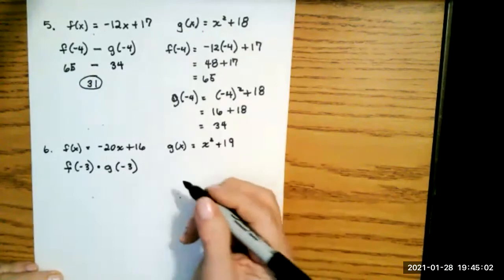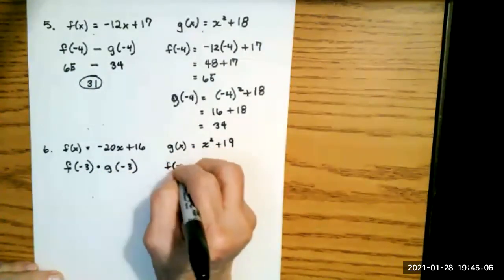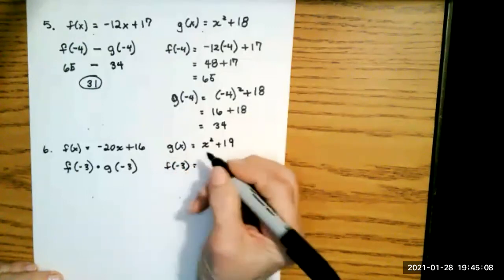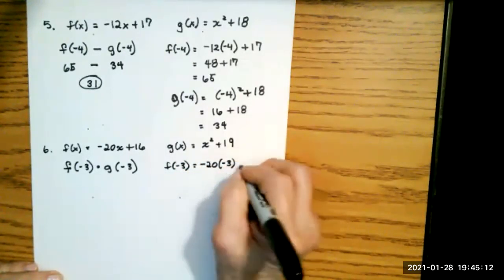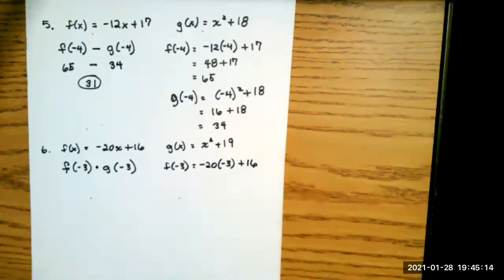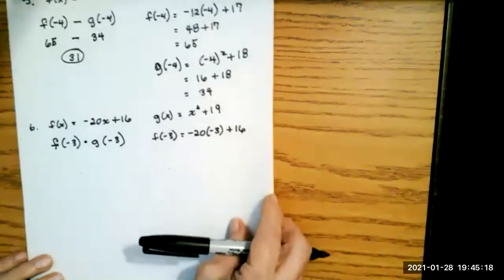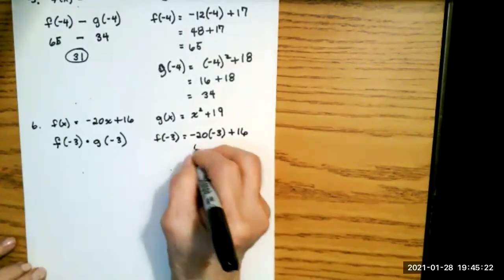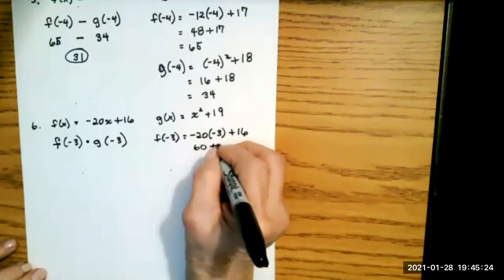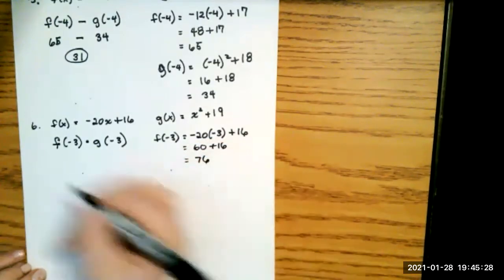All right, so f of negative 3 would be negative 20 times negative 3 plus 16. Negative 20 times negative 3 is positive 60 plus 16, which is positive 76.